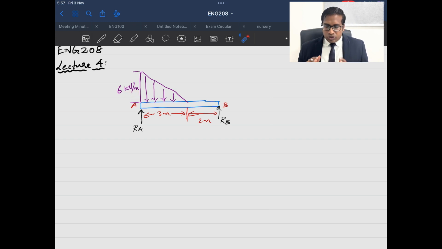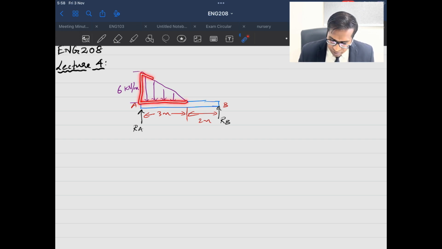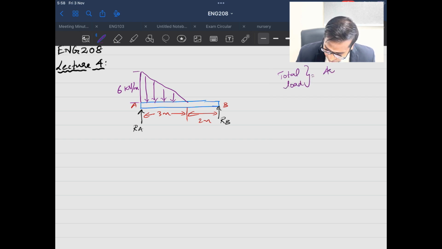Now, the total load acting because of this triangular load can be calculated by the area of the triangle. So the total load will be the area of the triangle, which will be half into the breadth.